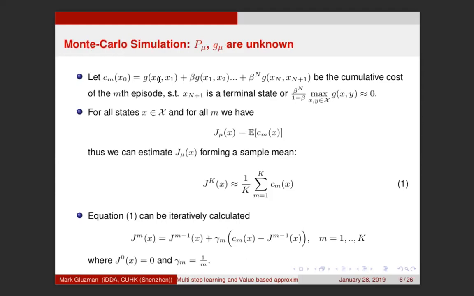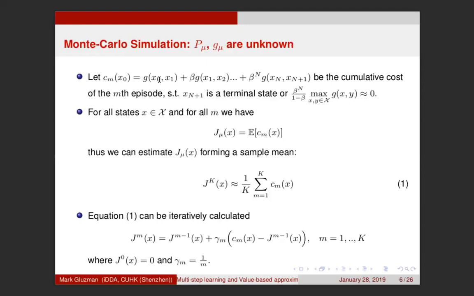There are several problems with this approach. First of all, we need to take very long trajectories. This implies that the variance of this estimate, even if we take k episodes, is very large.